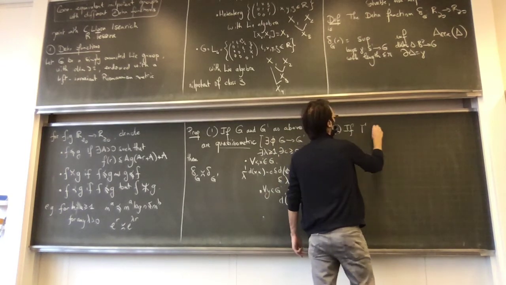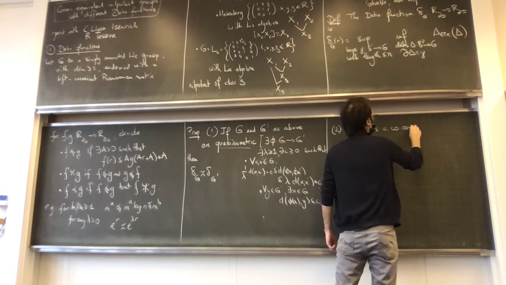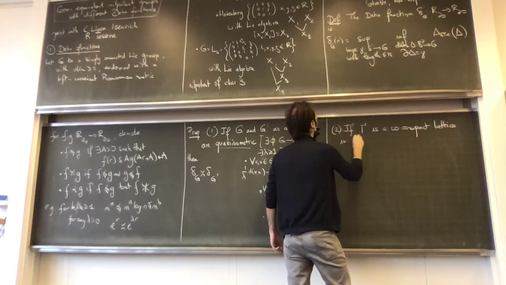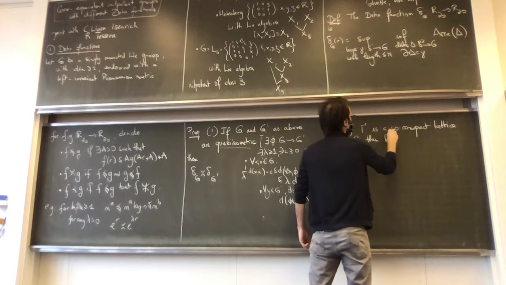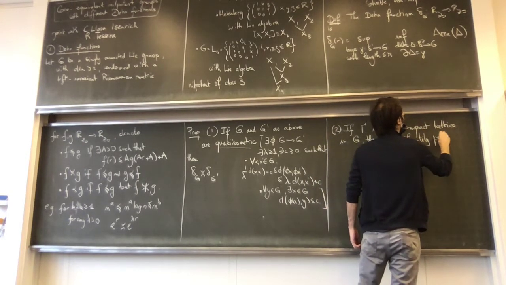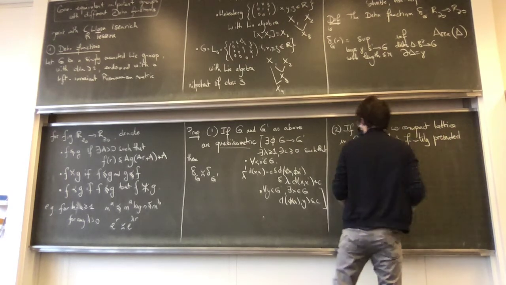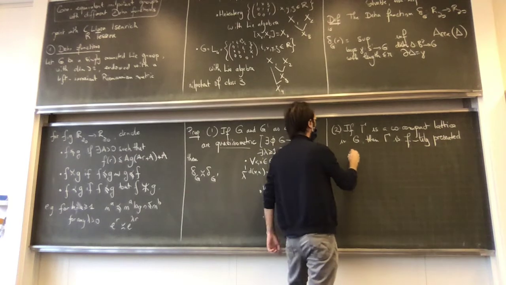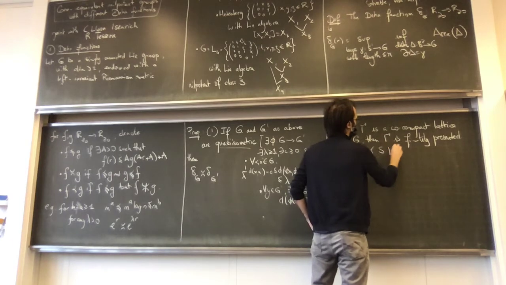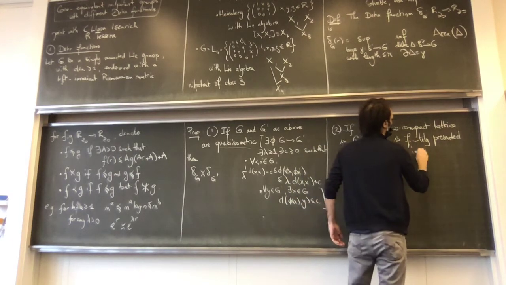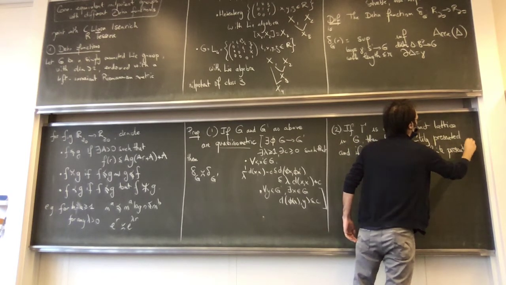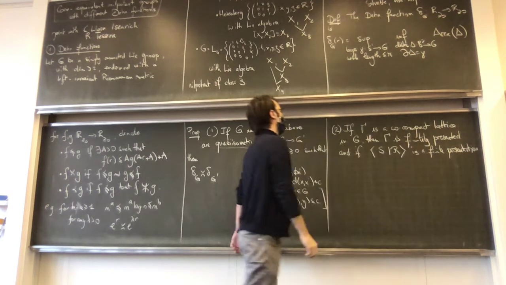So if gamma is a compact lattice in G, then gamma is finitely presented and we could define the Dehn function in a combinatorial way, and if S|R is a finite presentation, we can define this in the following way.